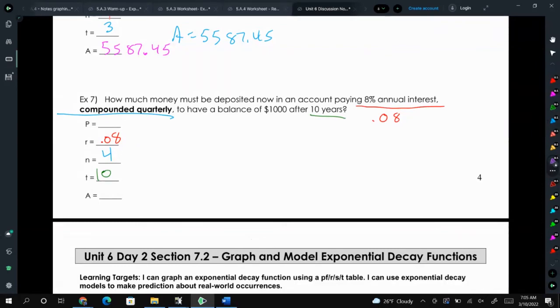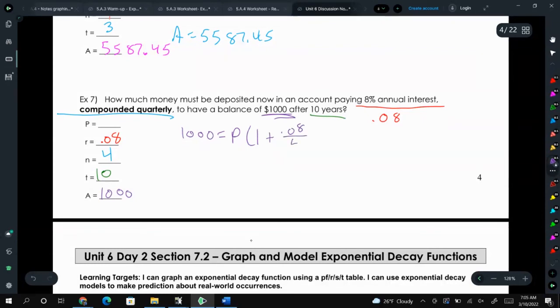I don't know what I'm starting out with, but I want it to be worth $1,000. So it's going to be 1,000 equals P times 1 plus 0.08 divided by n, which is 4, to the 4 times 10 power. So now we actually have to do some algebra. We can't just plug it in the calculator once and be done with it.